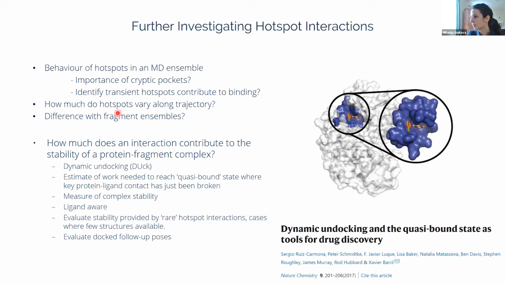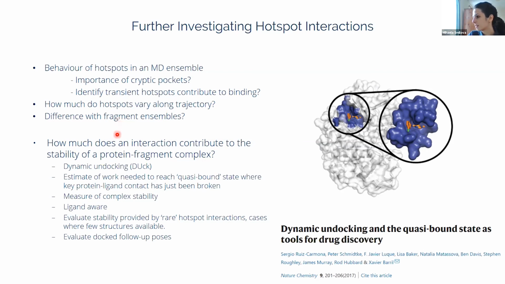Generally, investigating how much hotspots vary along the trajectory is a very interesting question, as well as there is an expectation that hotspot interactions would be very persistent, and also something I want to explore is in cases where we have, for example, very few fragment structures, can the ensemble be supplemented with snapshots from MD trajectories?